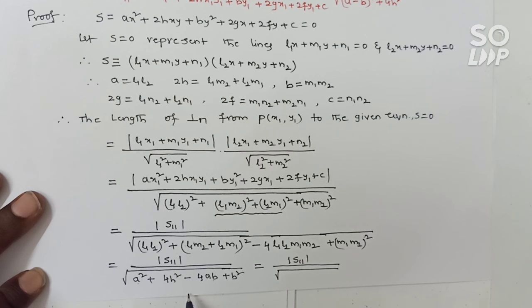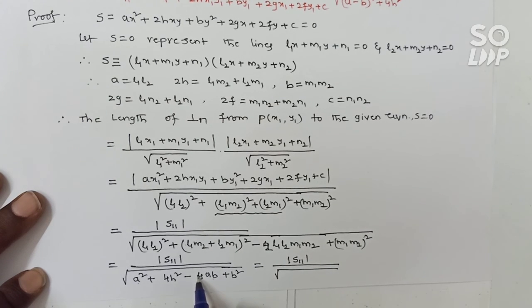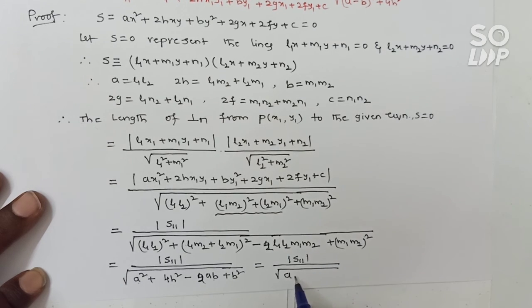Not a + b whole square, this is the 2ab. So this one is (a - b) whole square + 4h square.